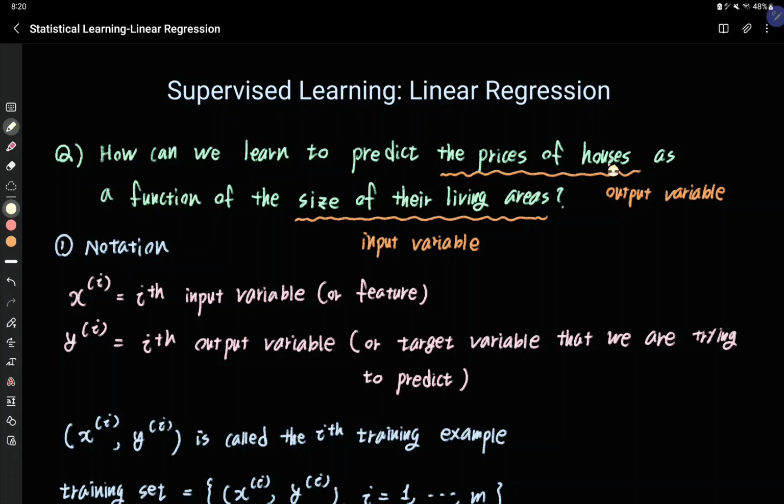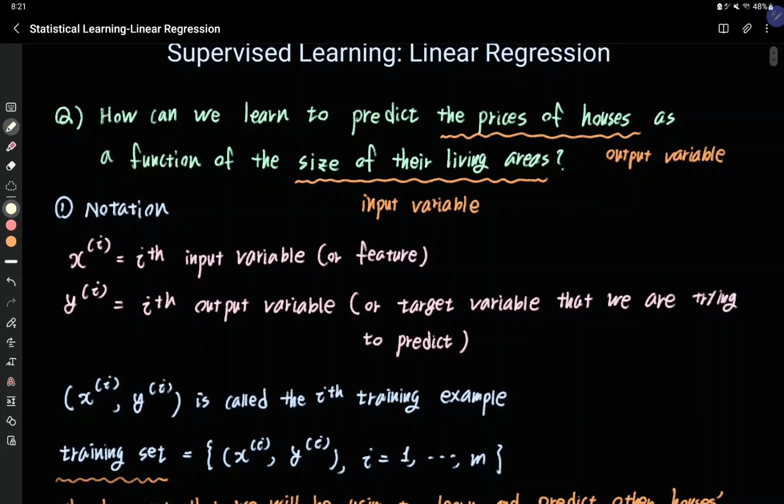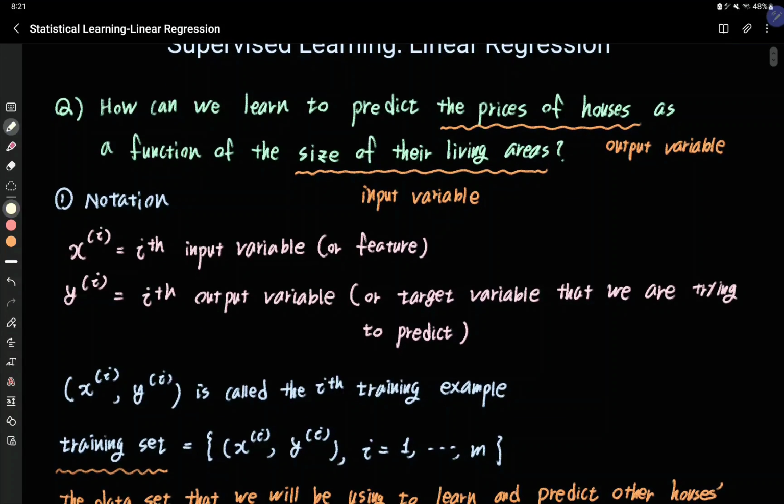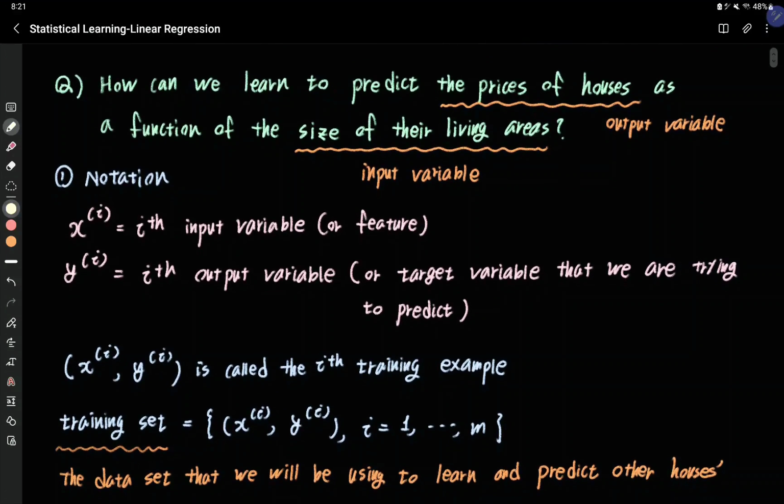The price of the house is the output variable, what we want to predict, and the size of the living area can be considered as the input variable. Before starting, we need to set the notation for the input variable, output variable, and other parameters.